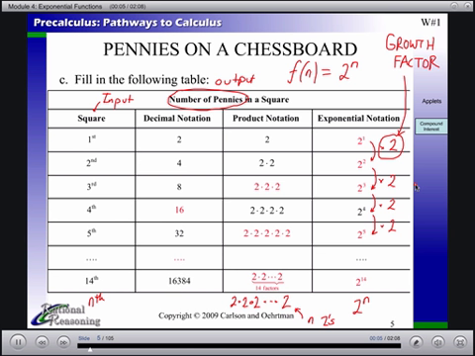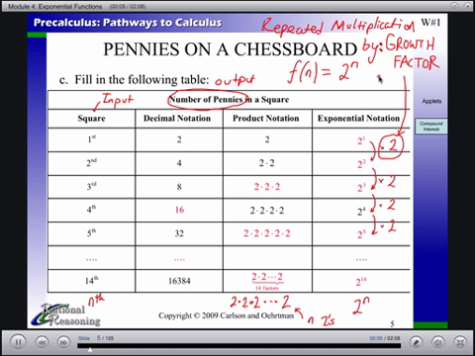And exponential growth is about what? Which operation? Right, multiplying. Repeated multiplication by the growth factor.